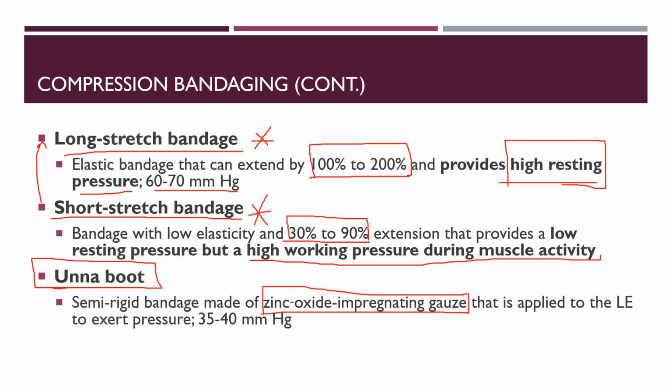So this is applied to the lower extremity to exert pressure, and that zinc oxide is going to help with any type of dermal ulcer, right, for tissue healing. Okay, so the zinc oxide impregnated gauze provides this pressure of 35 to 40 millimeters of mercury because it's semi-rigid, and it has this medication to help with tissue healing right here.